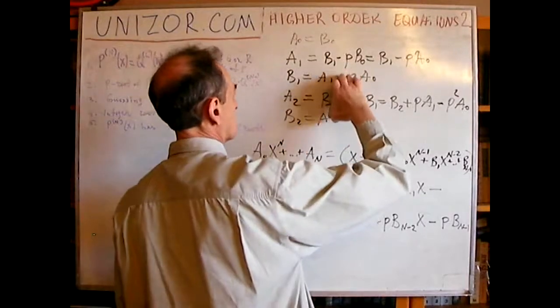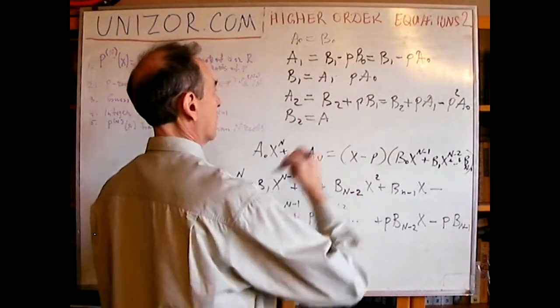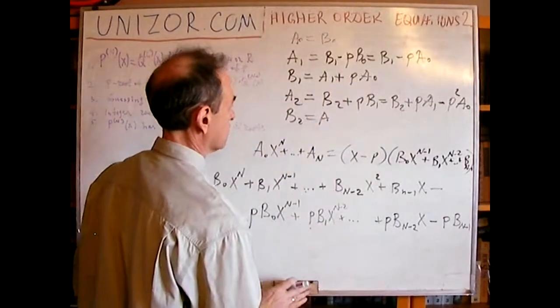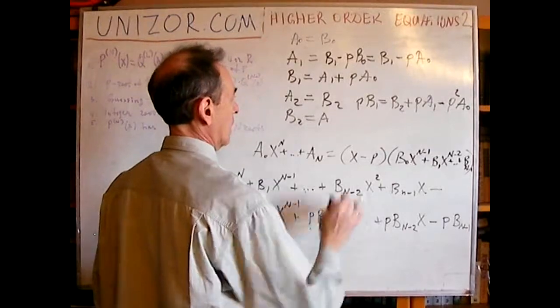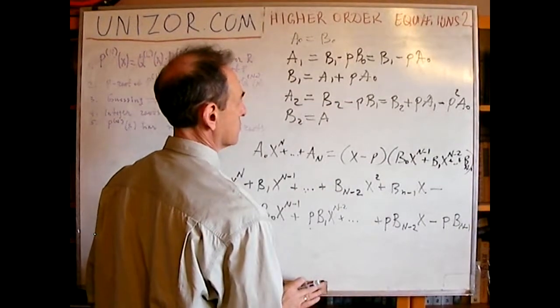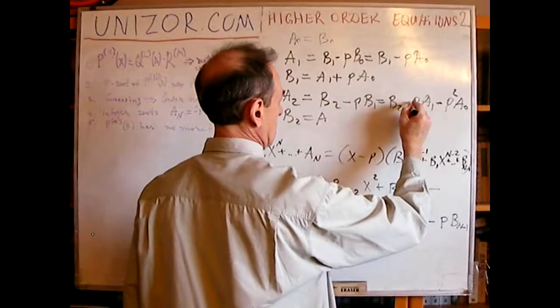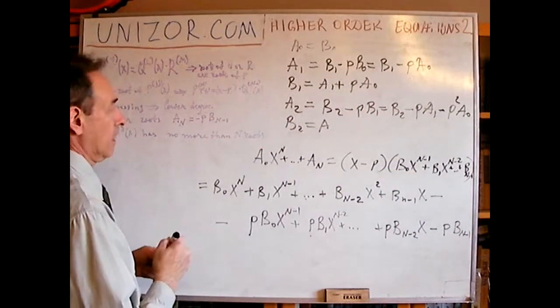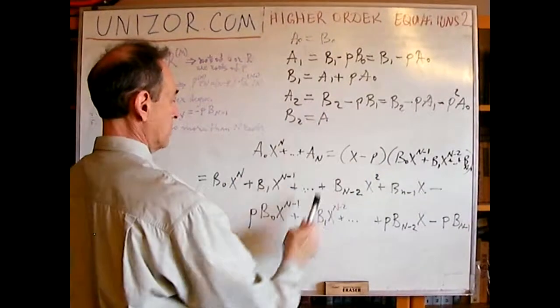Sorry. No, I'm sorry. This is plus, this is minus. So this is minus. Okay. So B2 minus PB1.